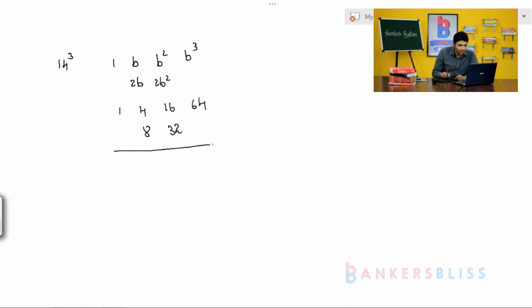So now 64, the unit digit is 4. You add 6 here, 6 plus 6 is 12, plus 2 is 14, 4 is the unit digit. 1 you add, 1 plus 1 is 2, plus 3 is 5. This 5 you have to write here, 5 plus 4 is 9, plus 8 is 17, 7 and 1. So 1 carry over, 1 plus 1 is 2. So the answer is 2744.